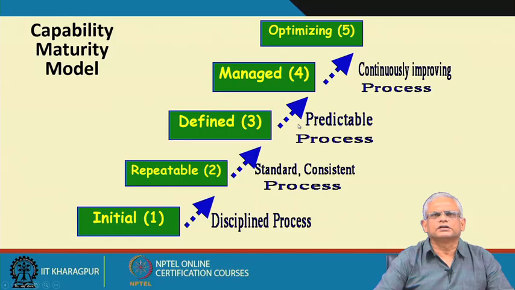For example, let us say one of the process metrics or process measurements is how effective the review is, whether most of the bugs are identified in the review process or they got identified during testing.